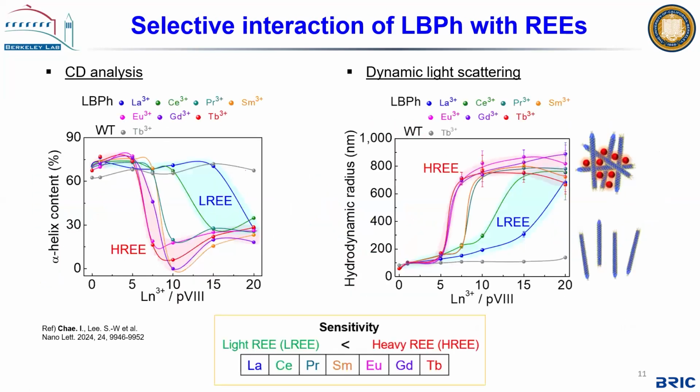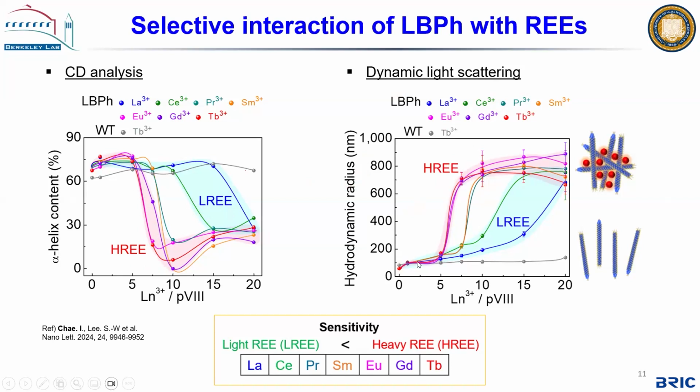Okay. We also tested many different lanthanide ions on the surface of the virus, and you could see the alpha helical content significantly drops at a much lower concentration range of the heavy REs compared to the light REs. And also, through dynamic light scattering, we could see how much aggregation is occurring by introducing our lanthanide ions to the virus.